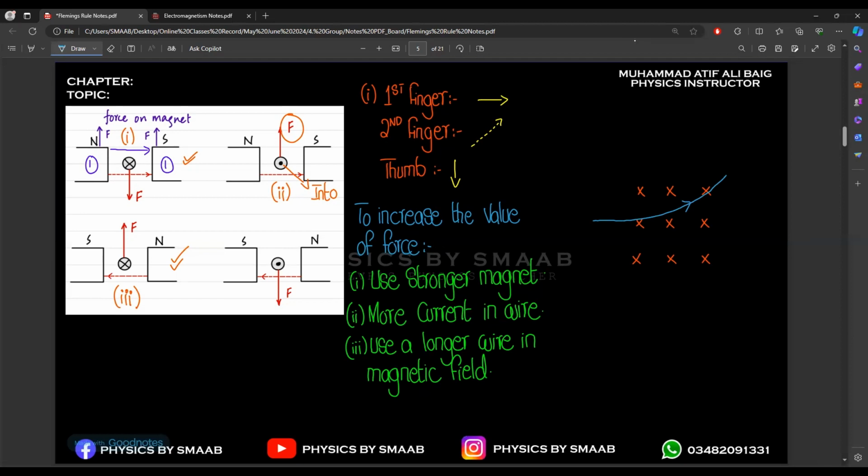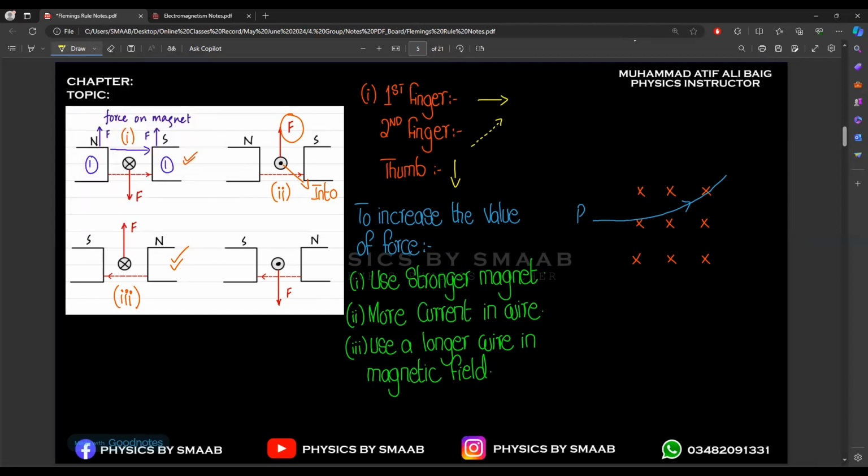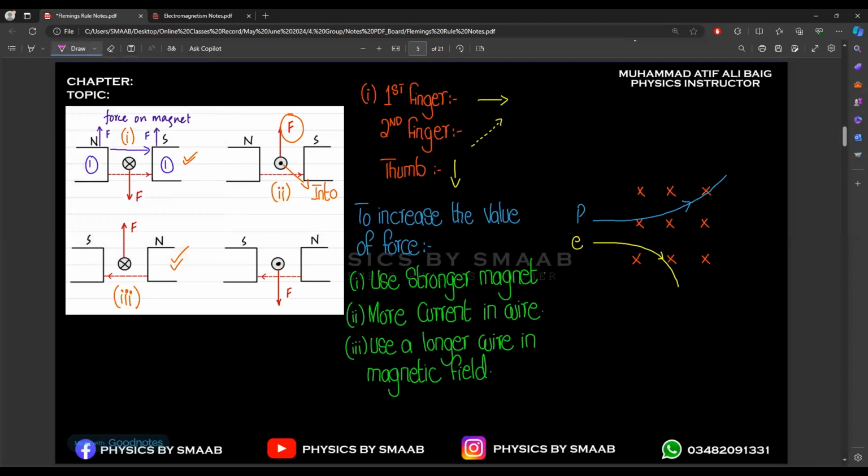So the proton deflects in the upward direction. And if we talk about electrons, the electron deflects in the opposite direction of the proton. And finally, the neutron moves without any deflection in a straight line.